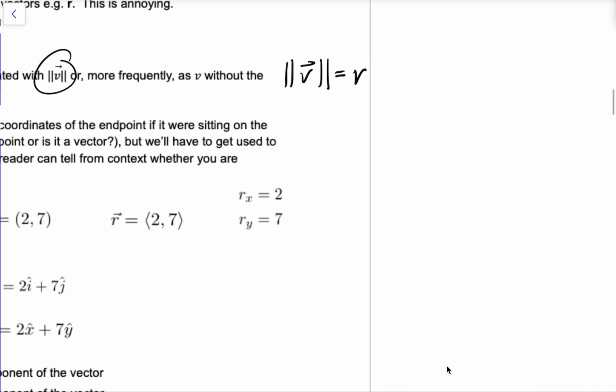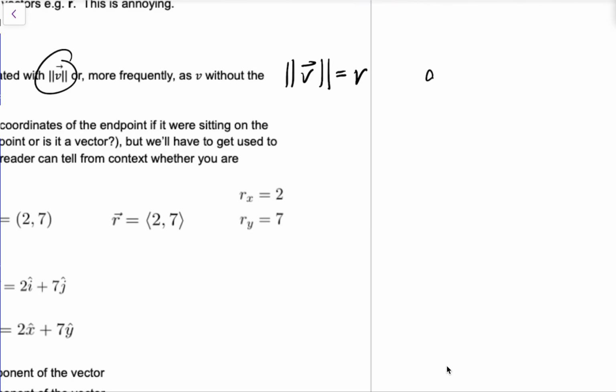You see it most often in intro kinematics, something like A, in an equation that looks like x equals x naught plus v naught t plus 1/2 a t squared. What this is indicating is the magnitude of the vector in probably the x direction. And we know it's in the x direction because we've got these x's over here. So this A here is a magnitude of a vector.